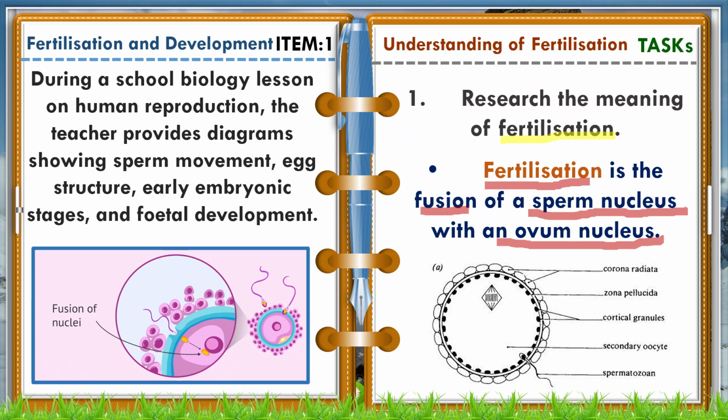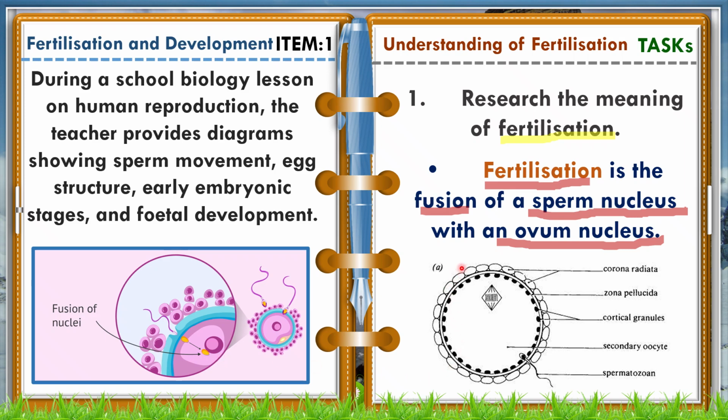So we are saying when the nucleus of the sperm, for example here, we have the sperm that has come to enter the ovum, and the nucleus enters, and when the nucleus fuses with another nucleus, we get fusion of the nuclei. That is what we are referring to as fertilization.